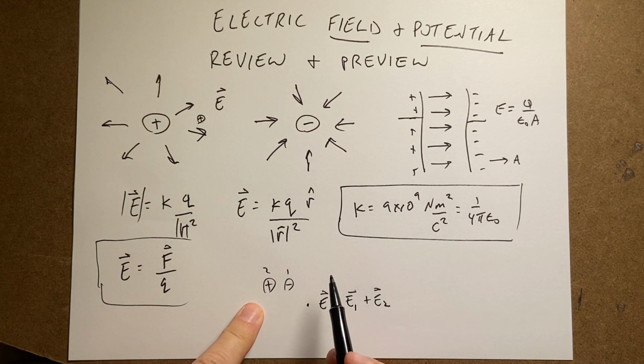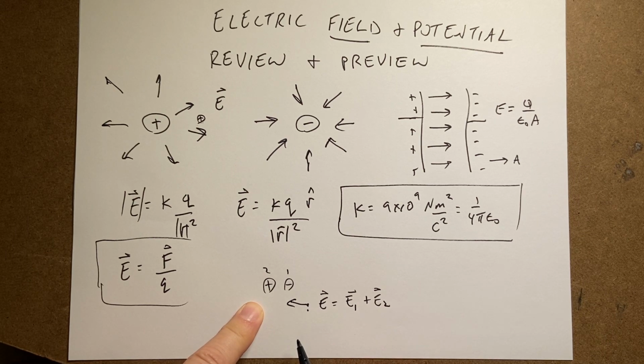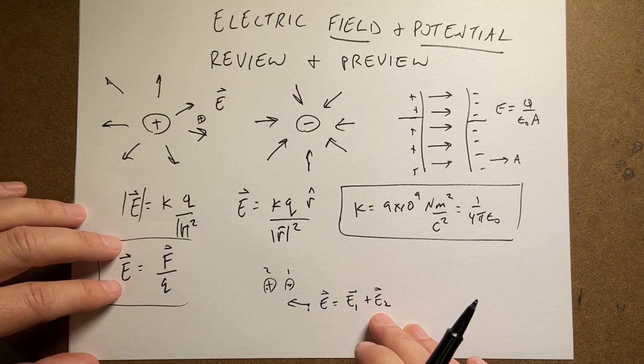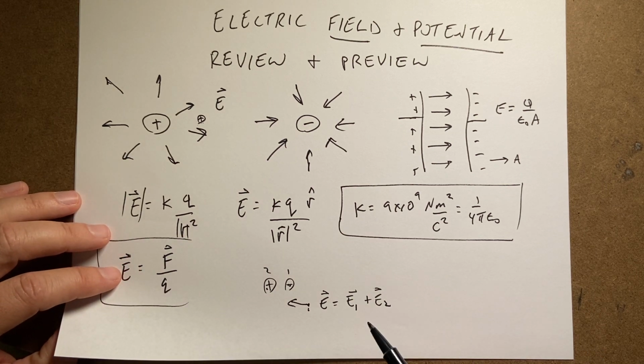So if I want to find the electric field at this location right here, it would be the sum of the electric field due to this charge plus the electric field due to this charge at that point. In some of these situations it gets kind of complicated, and it's best to use a numerical or Python calculation to do that. Yeah, that's the electric field.